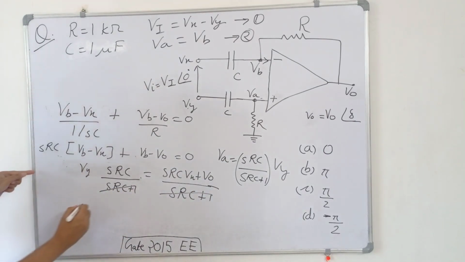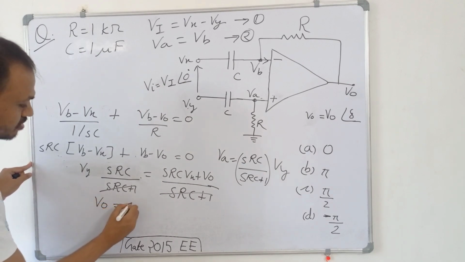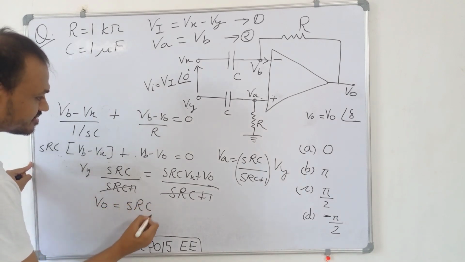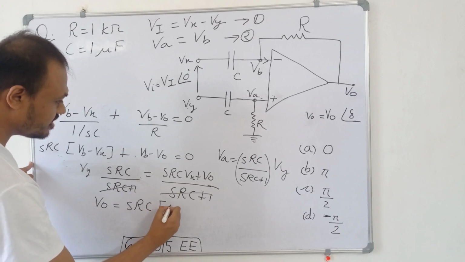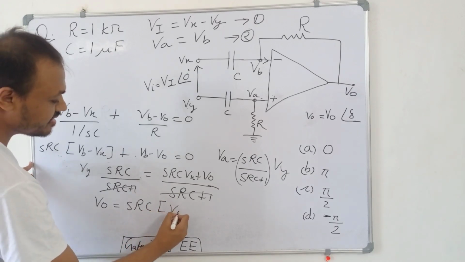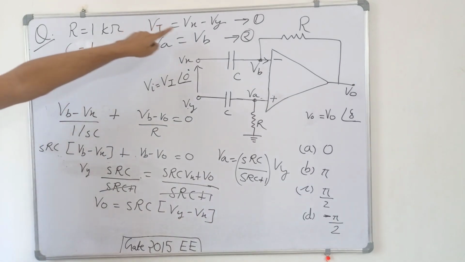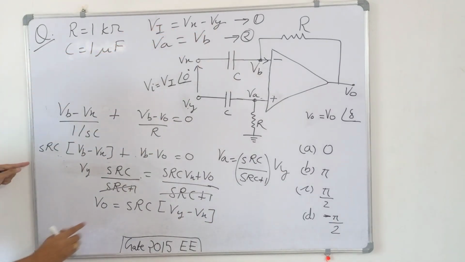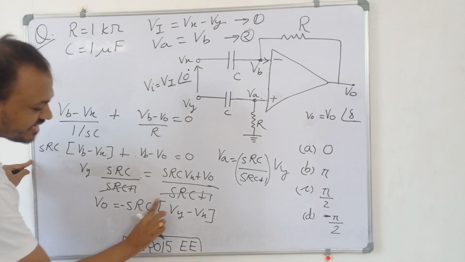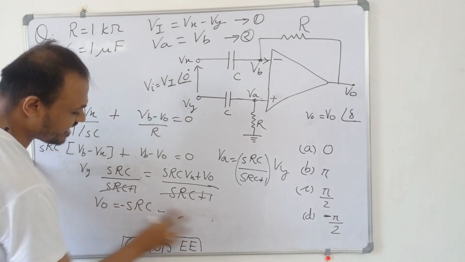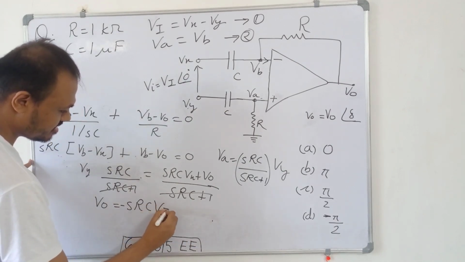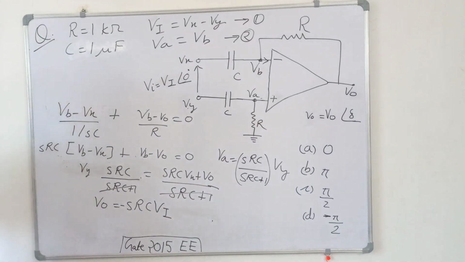So we will get V naught equal to SRC into Vy minus Vx, and Vi equal to Vx minus Vy. So we can write V naught equal to minus SRC into Vi. So this is the relationship between your output voltage and the input voltage.